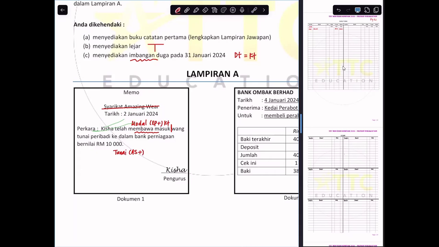AS getting more, debit or credit? Debit. So one account in debit, one account in credit, but let us finish the sentence first, because sometimes the sentence has some traps at the back. He brings the personal tunai into the bank perniagaan. That means, do we really keep the tunai in tunai?